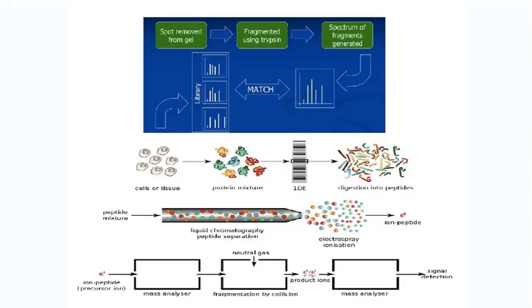So what happens if the protein that we are trying to sequence is beyond that, or which is having more than 50 amino acids? What could we do? As I said earlier, in that case, what we do is after purification of the protein, we go for fragmentation using specific enzymes.